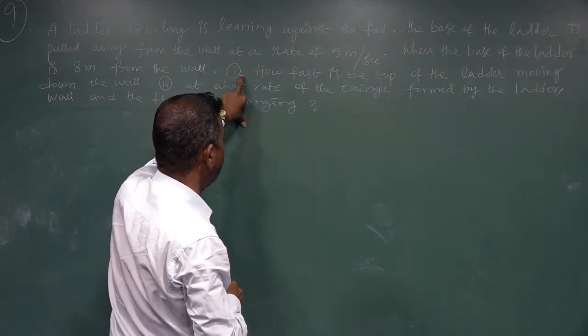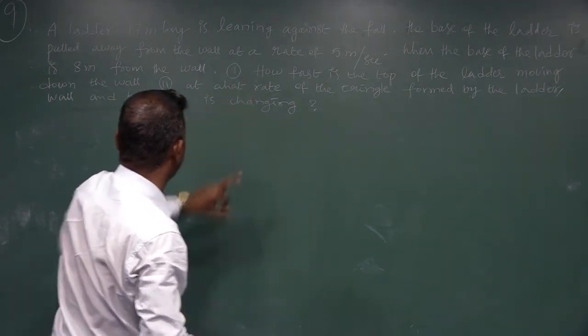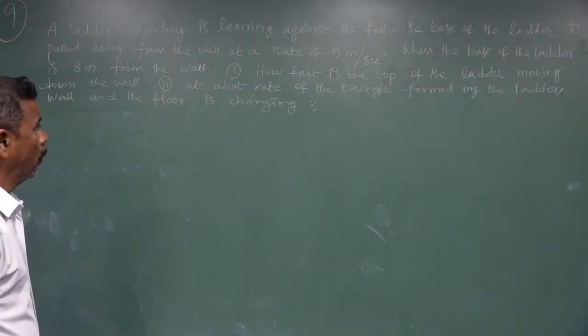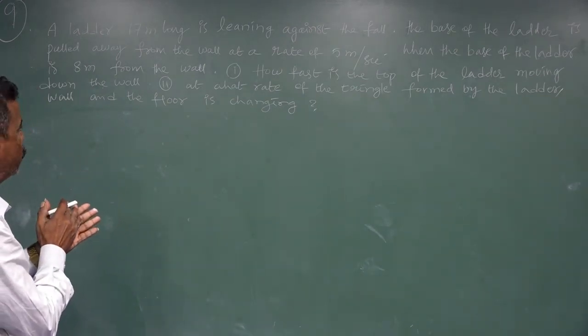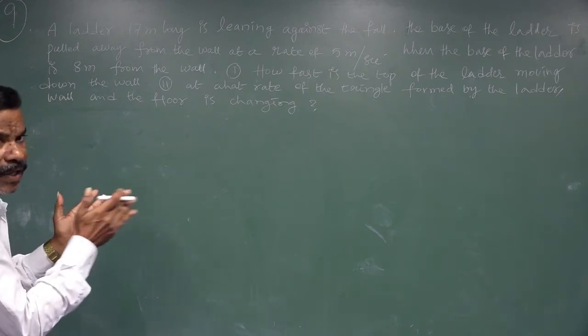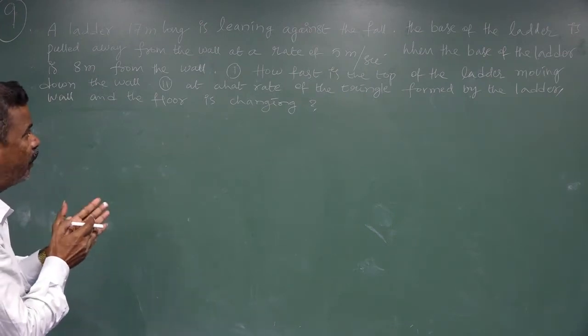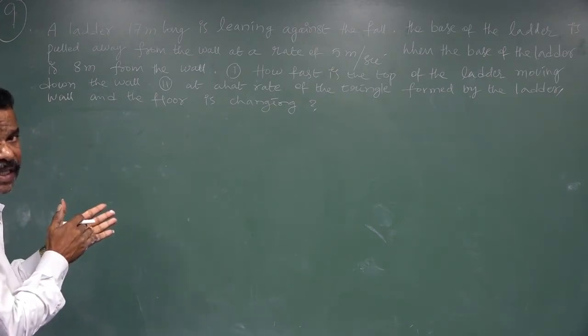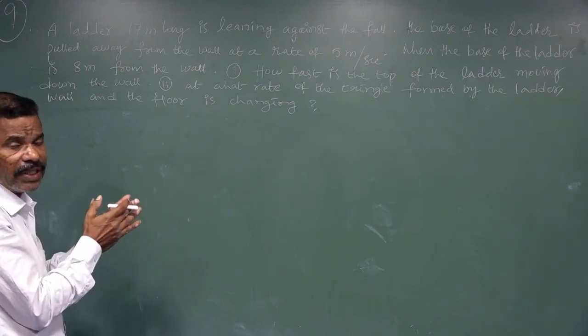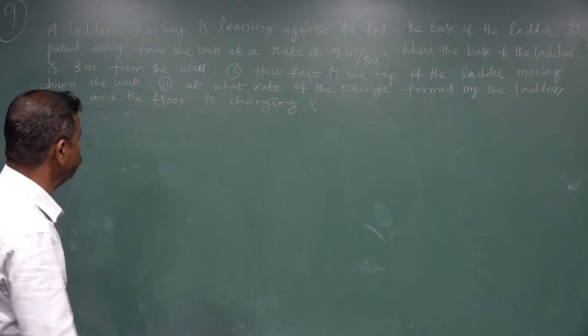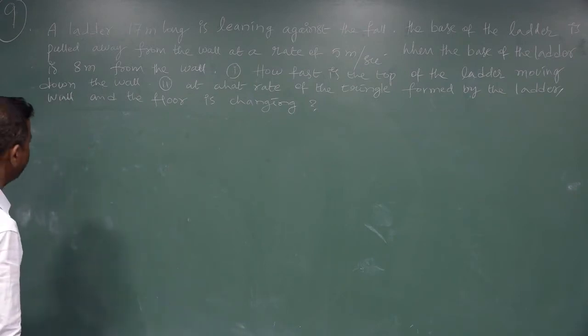So the first question means the downward decreasing rate, how much? The rate of the base moving is given, the downward rate is asked. In the second question, the change of area, that is dA by dt, how much? So one ladder is given, length 17 meters.